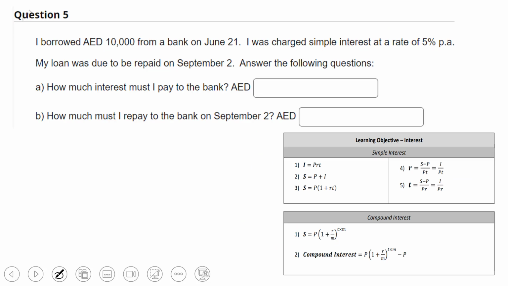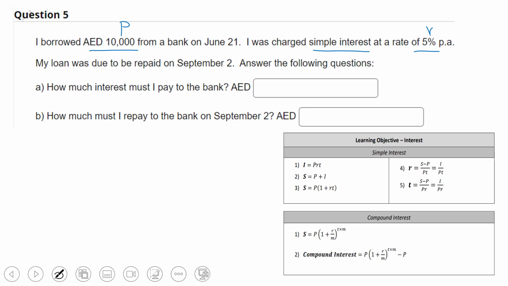Now let's go for this one. Yes, this is the principal amount. For sure, this is R. He said simple interest.